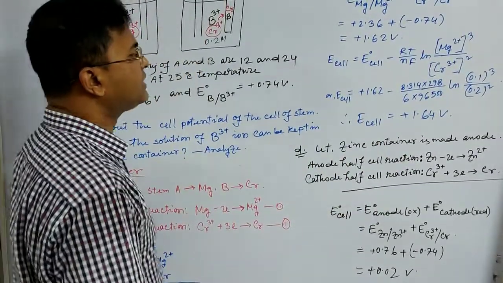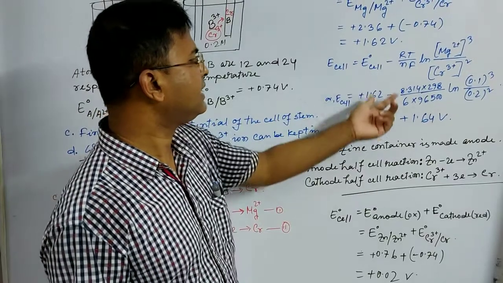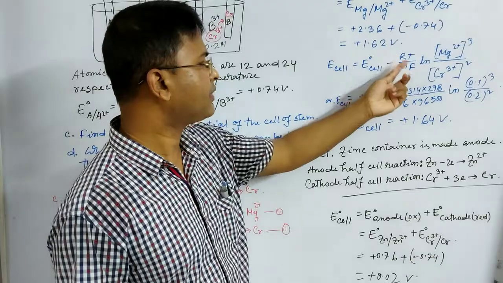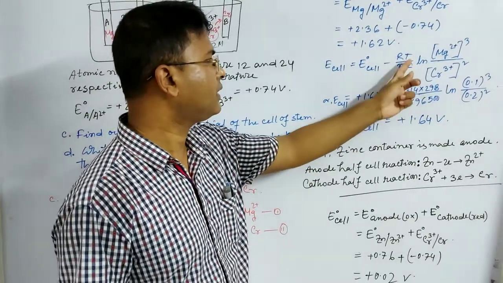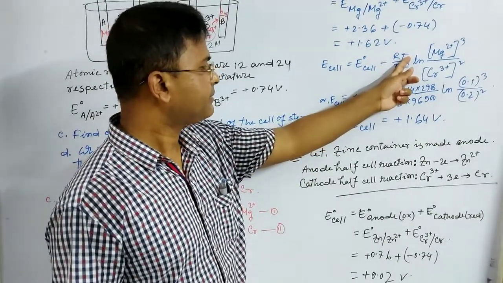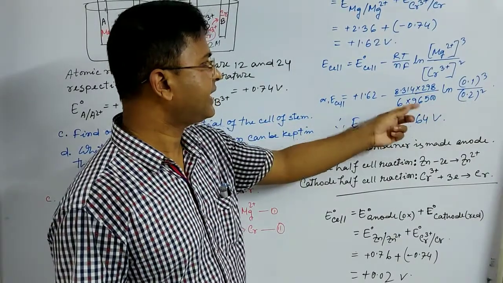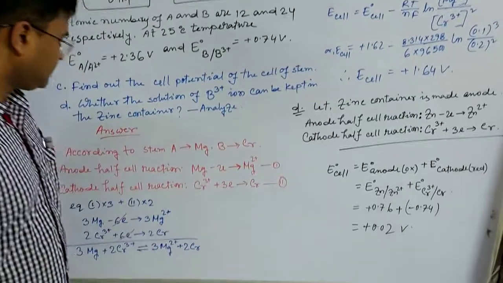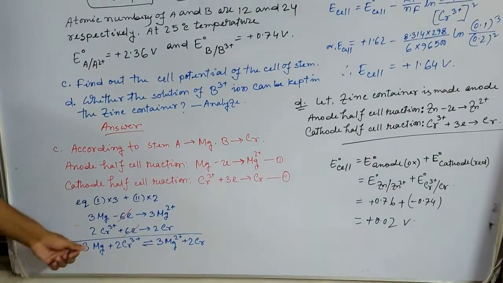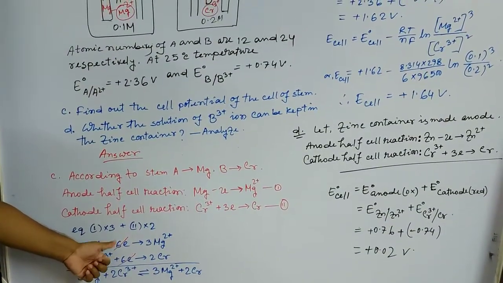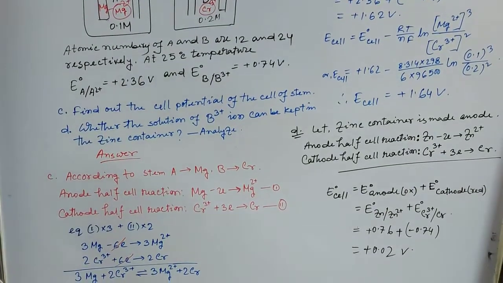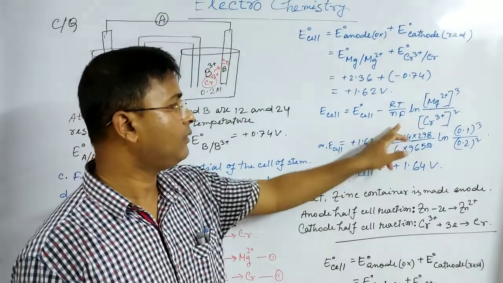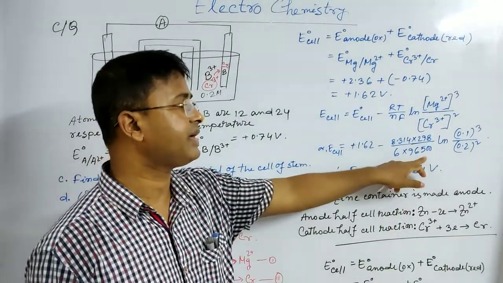Then I put in the value of the standard cell potential and the value of R. It has to be memorized, 8.314, and the temperature is 298, and the number of exchanged electrons is actually 6. That's why I have written here 6, and 1 farad equals 96,500 coulomb.